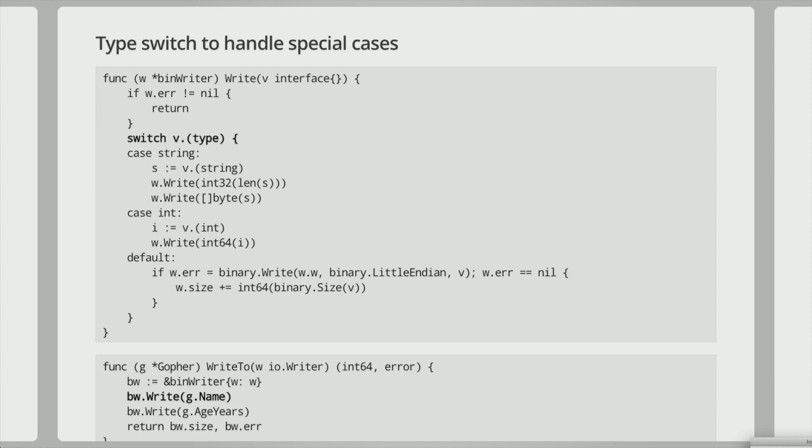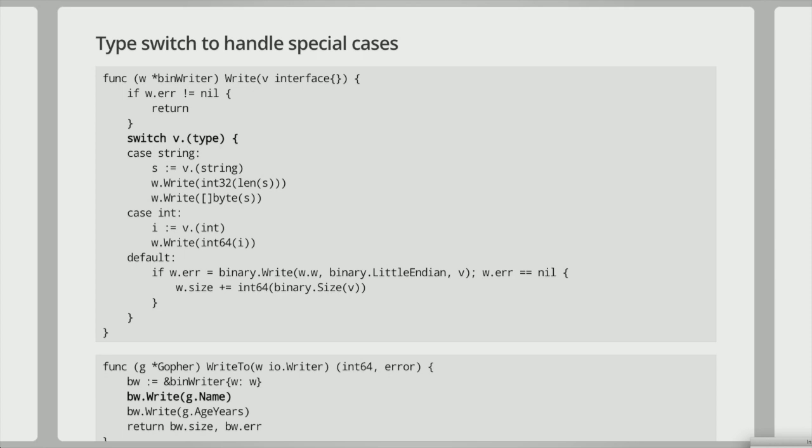So I can say, if the type of v is a string, then s is going to be v as a string. This is what we call a type assertion. If v is not of type string, it will panic. We know that it is in this case because we're inside of a case, so otherwise it couldn't work.